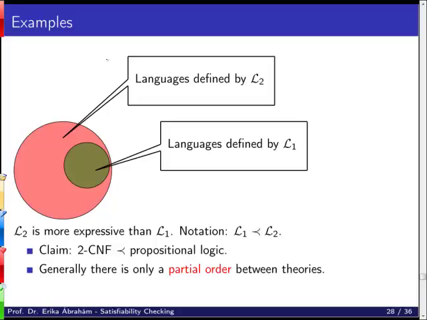But there is only a partial order. So it is not always the case that one logic includes the other. They partly can express the same, but both languages have some parts which are not expressible in the other. So they are not all comparable.